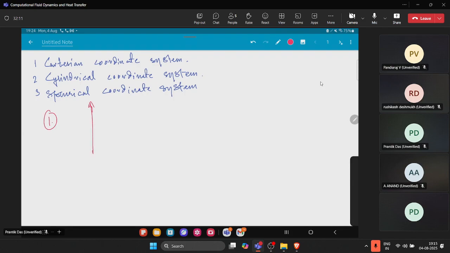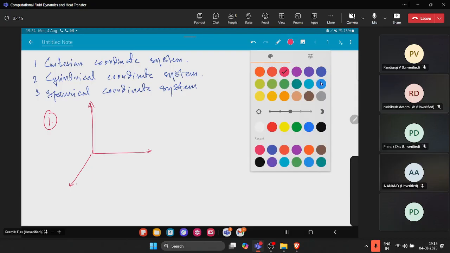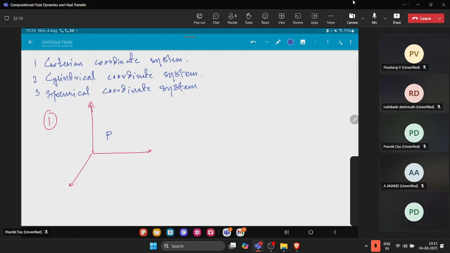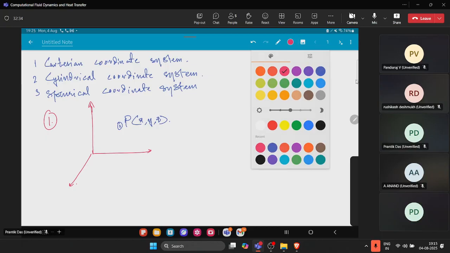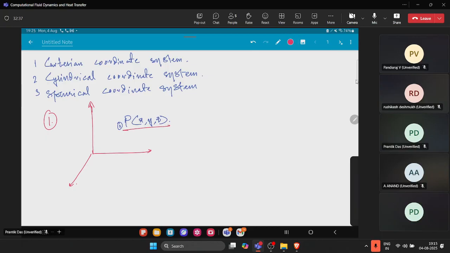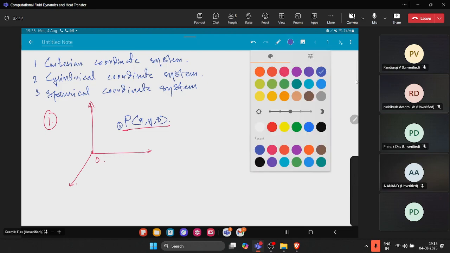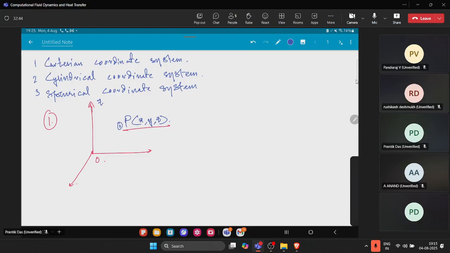There is a point P on the XYZ plane, and this point P has coordinates X, Y, and Z, and O is the origin. This one is the z-axis, this one is the x-axis, and this one is the y-axis.